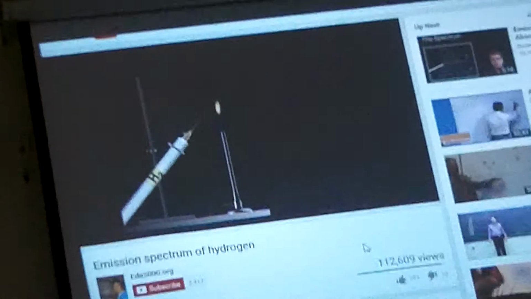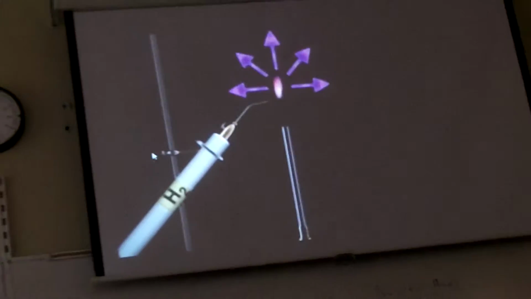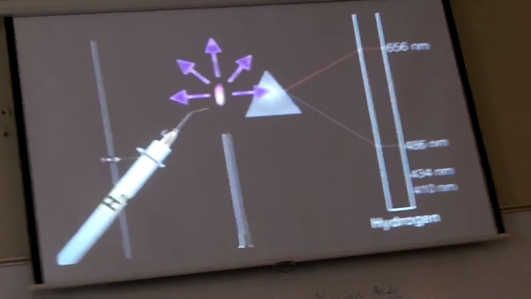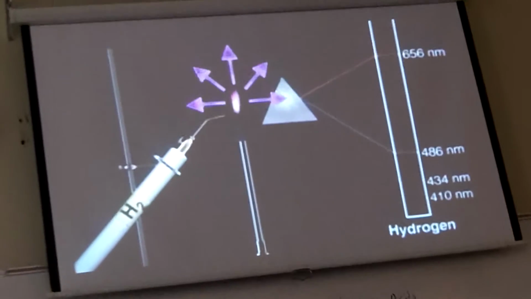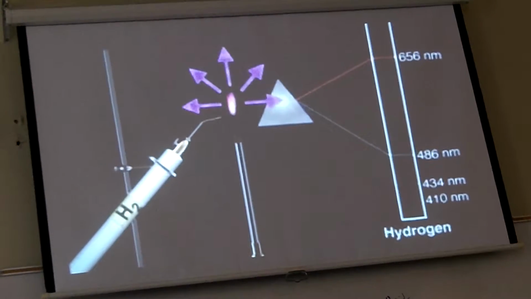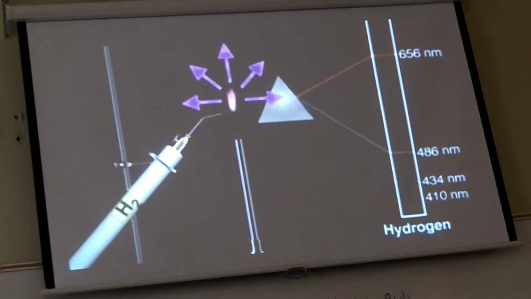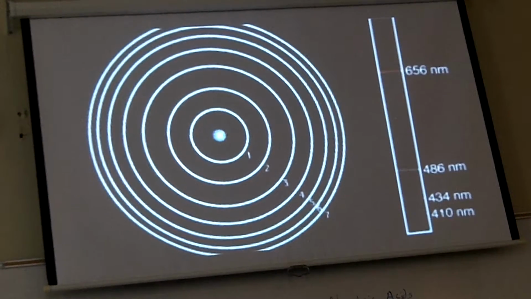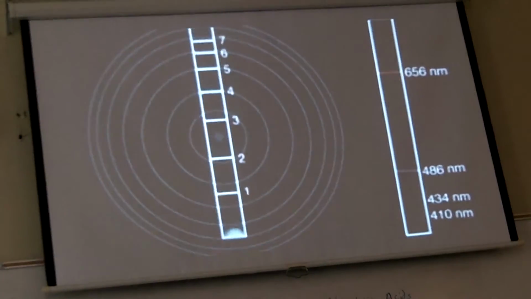If a sample of hydrogen gas is heated, it gives off light. When you view this light through a prism, you will see an emission spectrum consisting of bright lines at specific frequencies. Because the spectral lines come at definite intervals, this suggests that specific energy levels exist in the atom. A cross-section of an atom shows the energy levels similar to the rungs of a ladder.